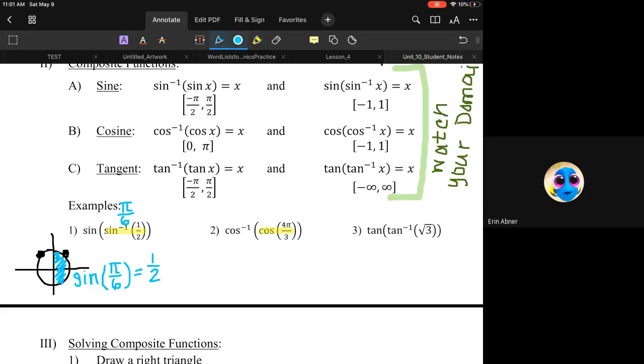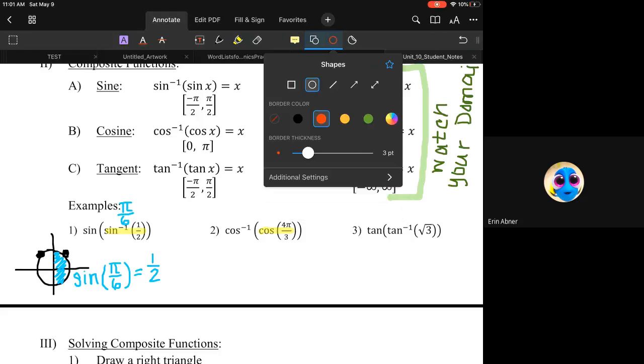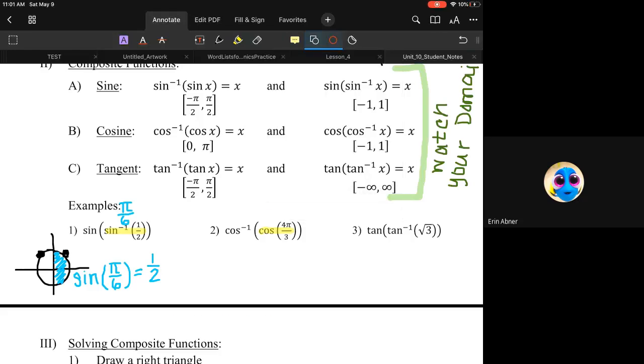So that means I am looking for, and let's draw my circle.